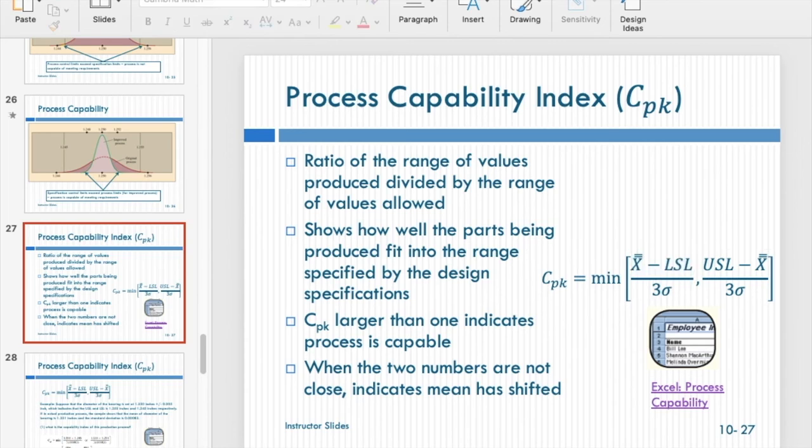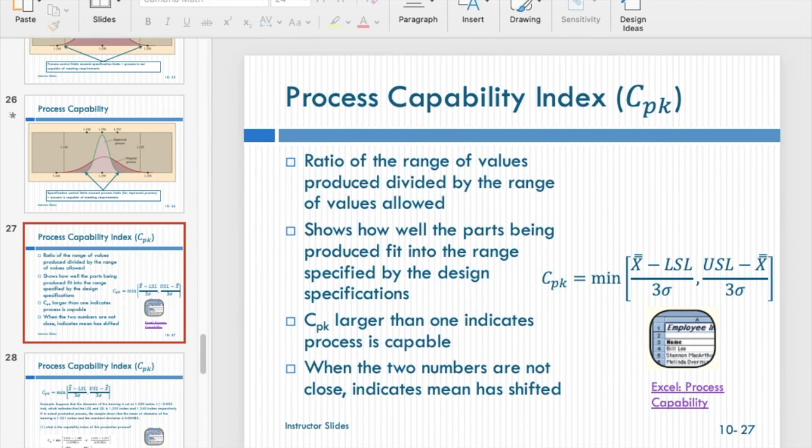The X double bar itself and sigma itself are from your real production process. Both LSL and USL are from your specification design. Once you get all these numbers, you plug in and figure out the corresponding results, and then you take the minimum between these two numbers to get the CPK, all right.